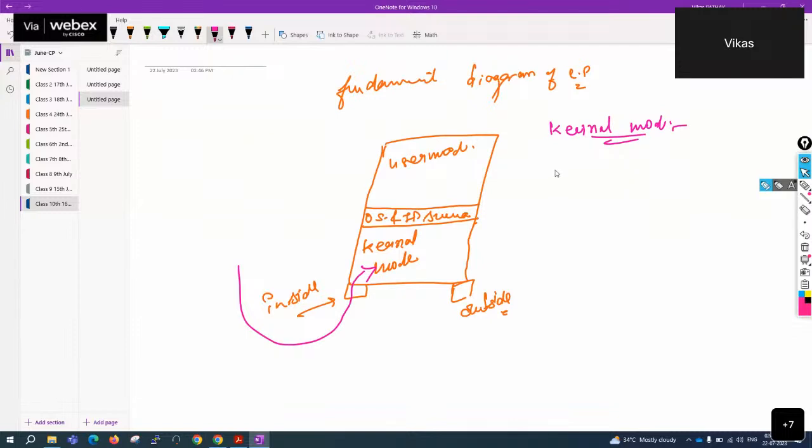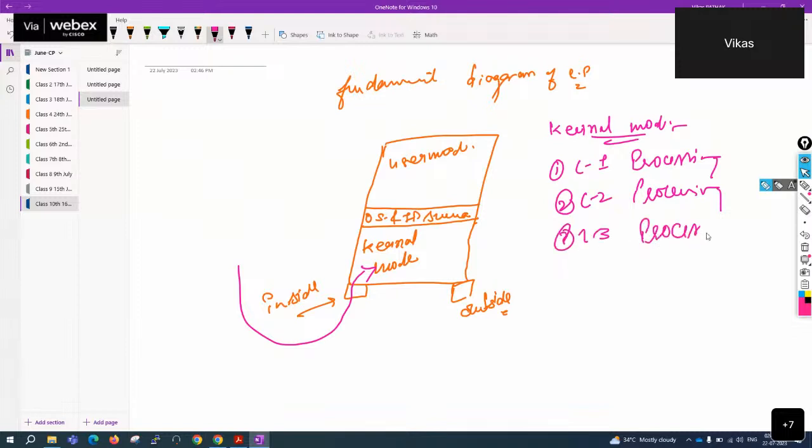In kernel mode, the first thing is layer 1 processing, layer 2 processing, and layer 3 processing. Even layer 4 processing will be happening at the kernel mode.